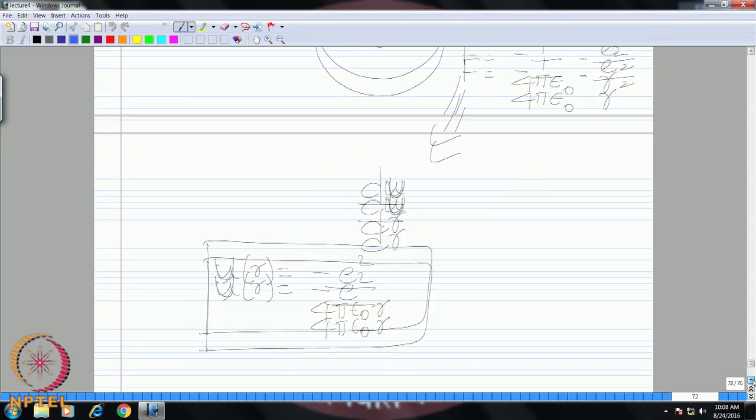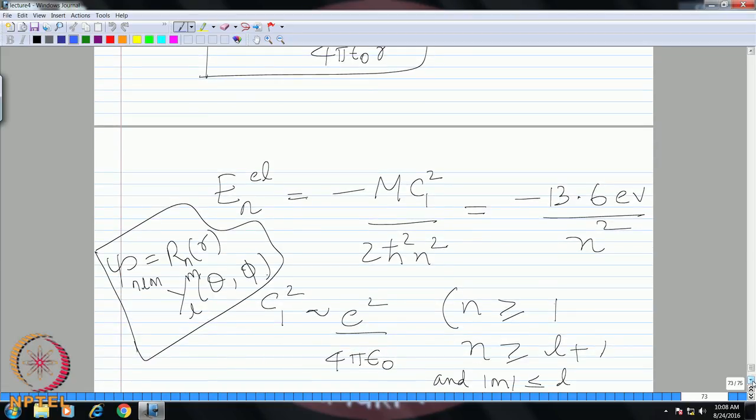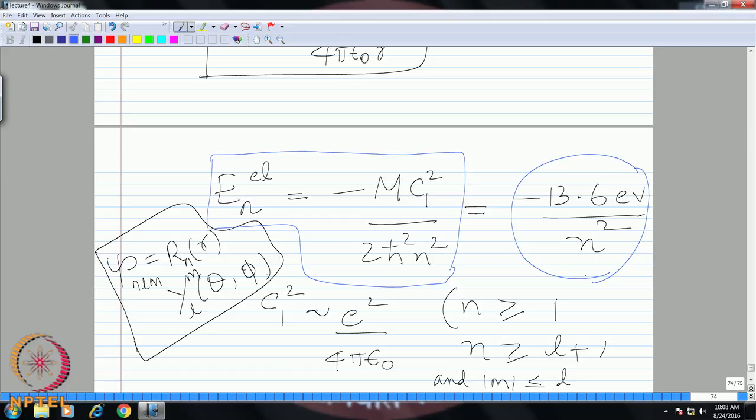We had used the Coulomb's potential energy constraint and showed that the corresponding values of the electron energy from quantum mechanics, by solving the Schrodinger's equation, are obtained like this, where m is the mass of the electron and c is a constant. If you plug in all the constants for the electron, you get the resulting expression as minus 13.6 by n square, where n is a quantum number.